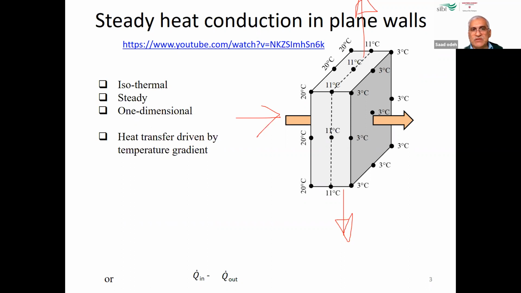It's only one dimensional, which is the heat transfer through the major or the biggest area in the system, right? Okay, so I'm just taking some time here because I need you to understand the principle properly, and then we'll move more quickly.